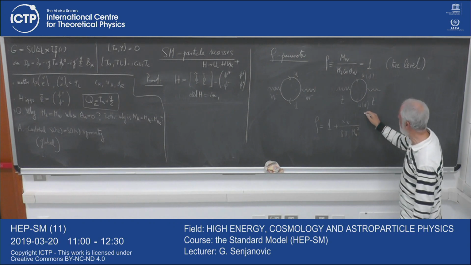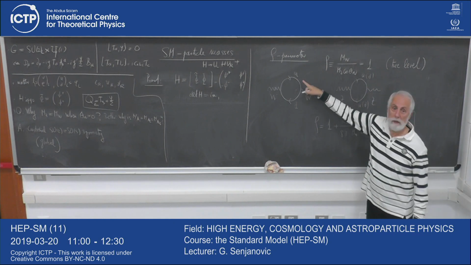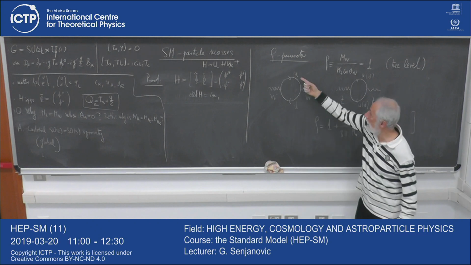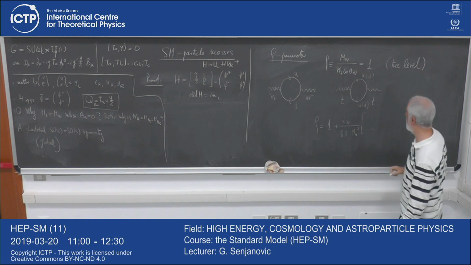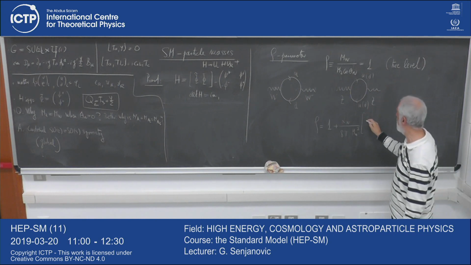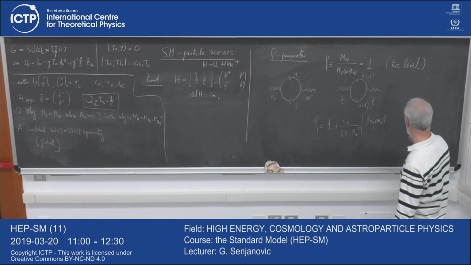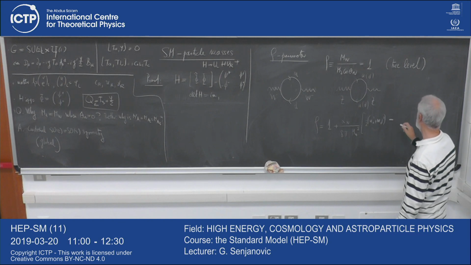It's a ratio of the masses. What will come out from the loop will be the fermion masses in the loop. The only quantity that has a mass dependence in the loop is the fermion mass. So I will get a thing which is mu squared plus md squared, no, minus or plus.